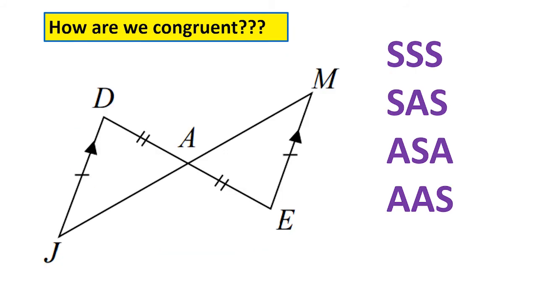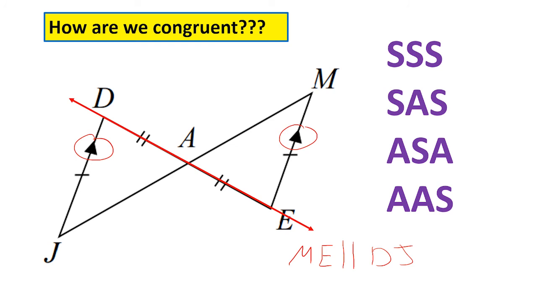Let's take a look at this figure here. So we have the two triangles, but if we notice, we have parallel sides here. So side ME is parallel to side DJ. So since those two sides are parallel, we can conclude that DE is actually a transversal.